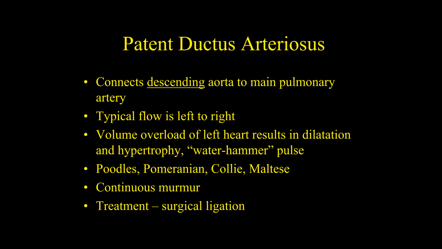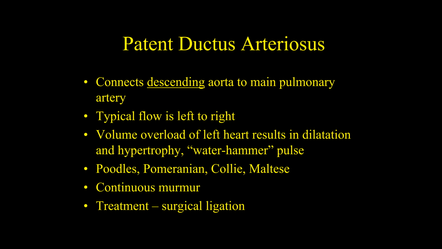Now here's the key and the weird thing about a PDA. Even though blood flow typically in a PDA is left to right, the blood flow ends up not in the heart, but in the main pulmonary artery segment. So again, blood flow goes from the aorta to the main pulmonary artery segment. It never goes into the heart. And once the blood goes into the main pulmonary artery segment, where does it go after that?